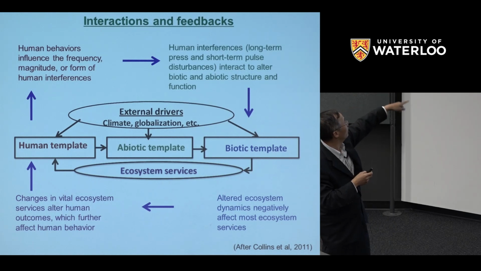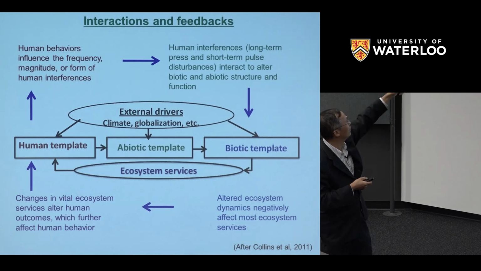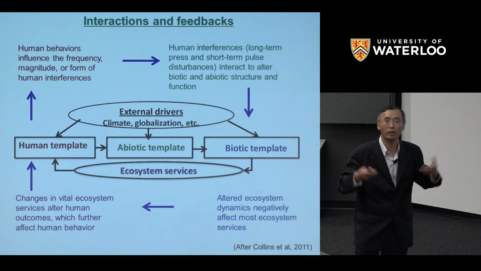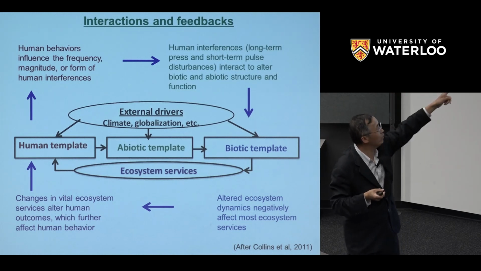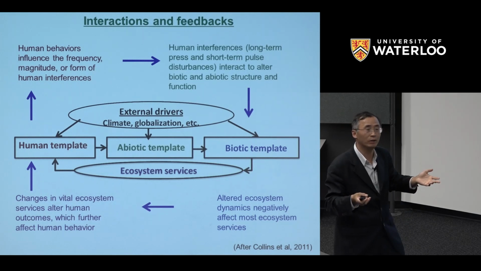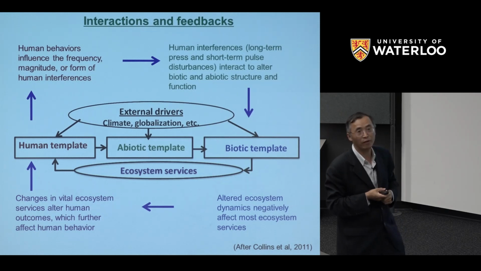As we can see, human behavior of course also includes some policies. They might influence the frequency, magnitude, and form of human interference or activities. Those activities include both long-term and short-term activities. They will change the biotic and abiotic structure and functions.